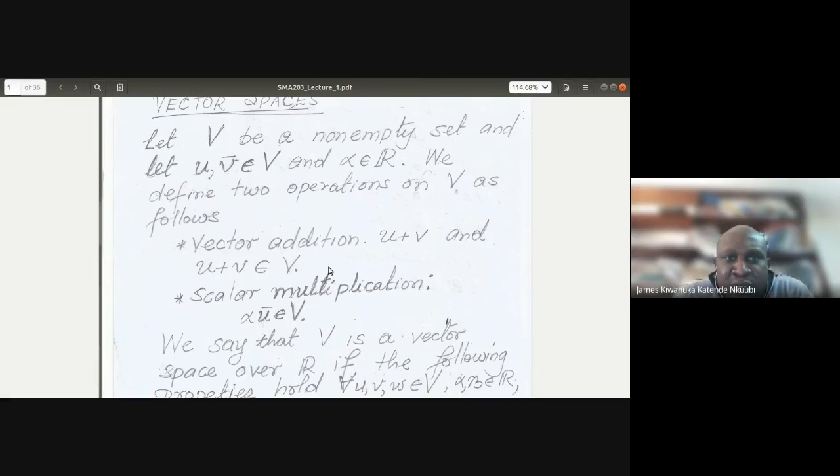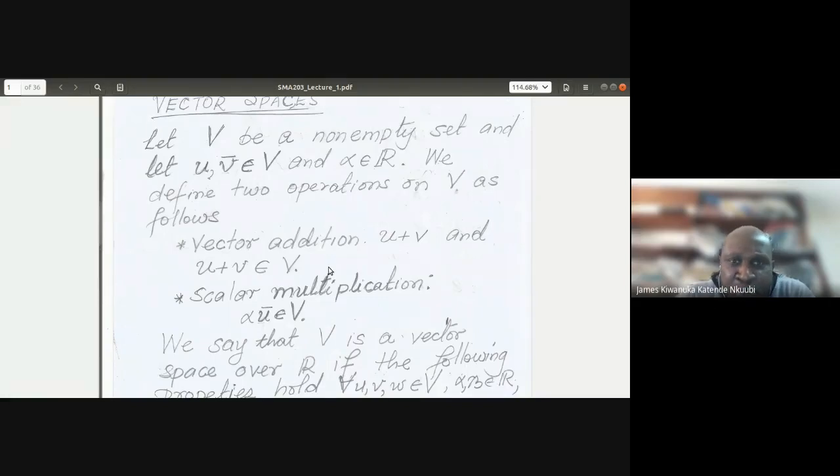Now we will start with the definition of a vector space. So this one says that let V be a non-empty set, and U and V are elements of V. Note that we will be using a bar on top of the elements.